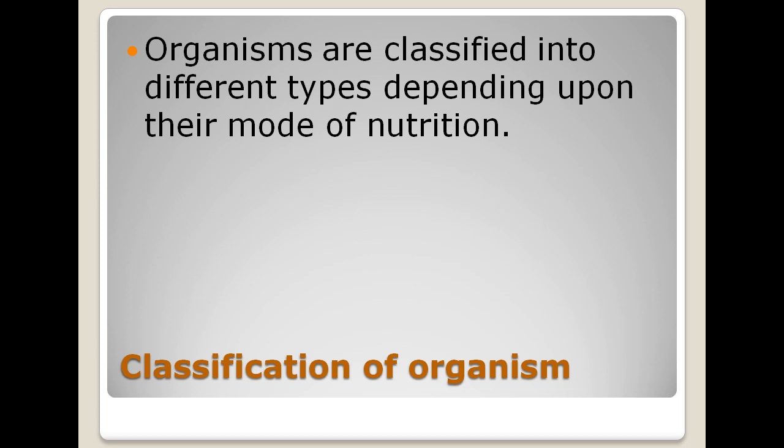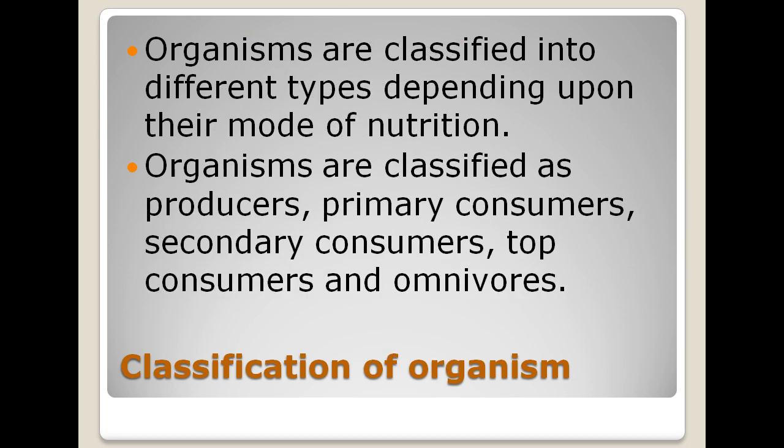That means, depending upon what they eat, the organisms are classified. Organisms are classified as producers, primary consumers, secondary consumers, top consumers, and omnivores.